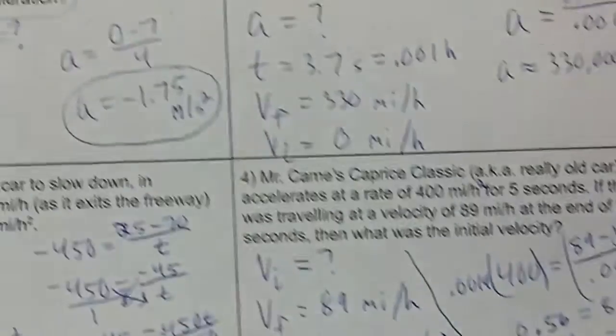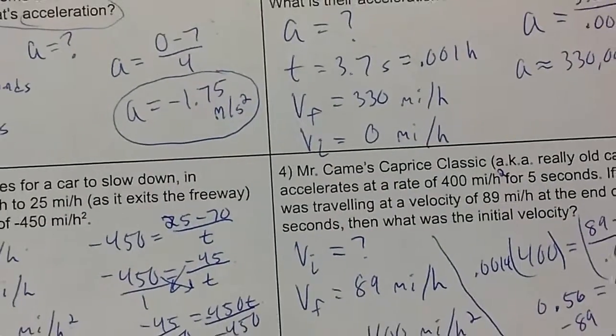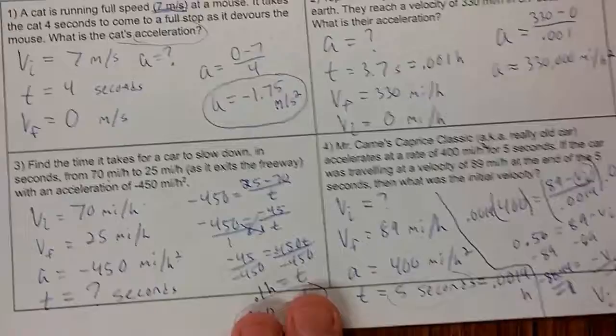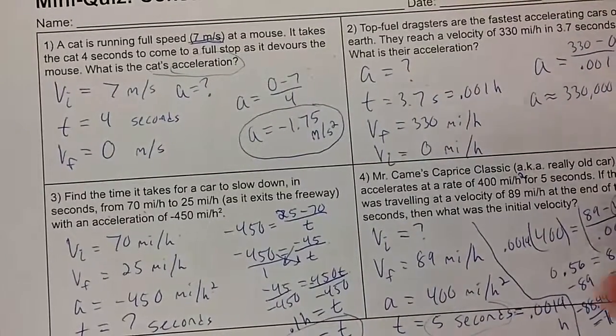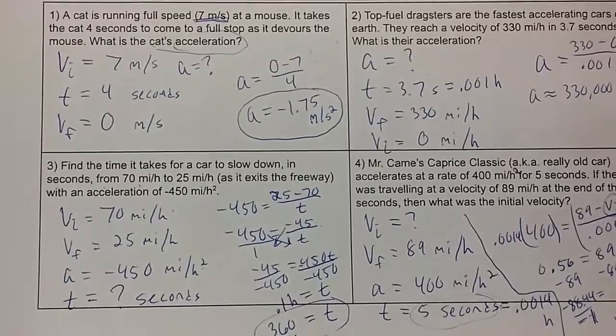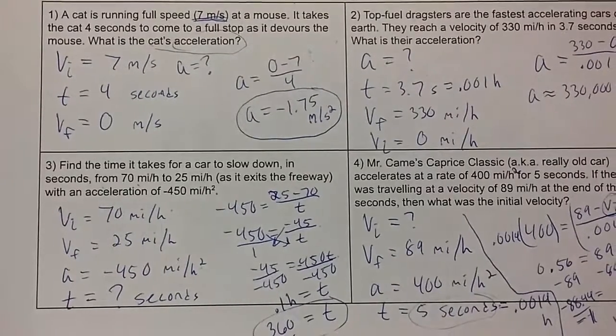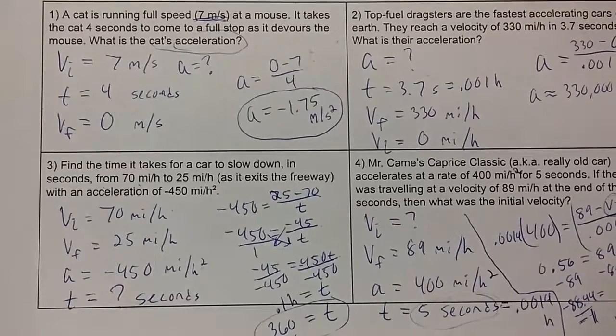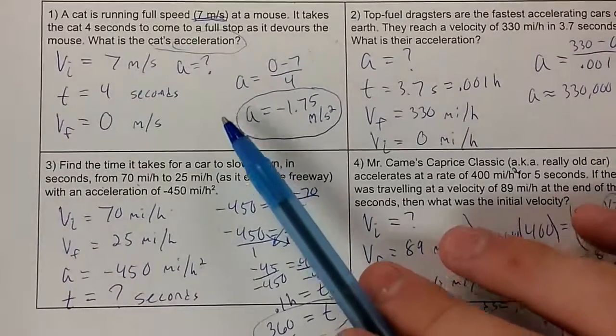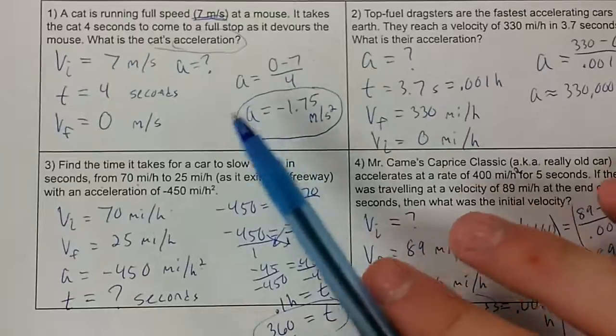So, to recap, in all of these problems, I read through them, and I made sure I labeled all the information that I'm given, and then label the information that you're missing, and you plug in your numbers, and you solve for the missing variable. However, make sure before you plug in your variables that you check for the units. For this example, we had no conversion to be done for number 1.